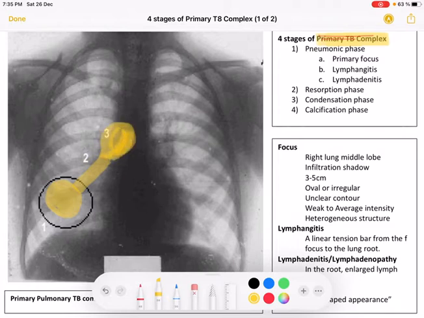If all three components are involved, then we can say it is a primary TB complex. Then there are different stages of the primary TB complex: the first, pneumonic phase, resorption phase, condensation phase, calcification phase.